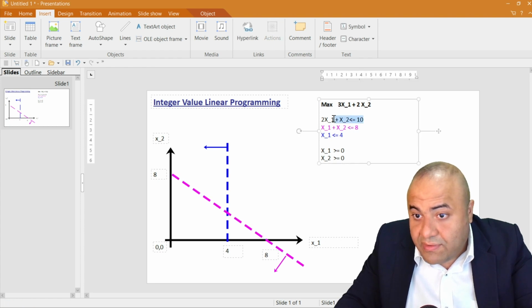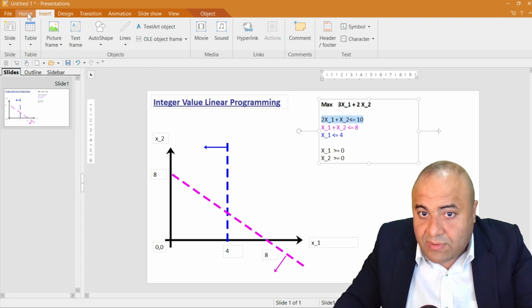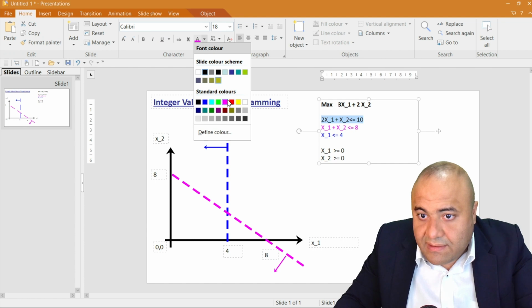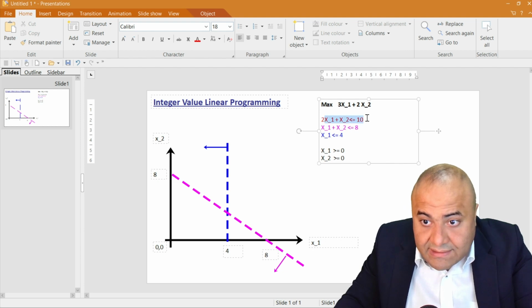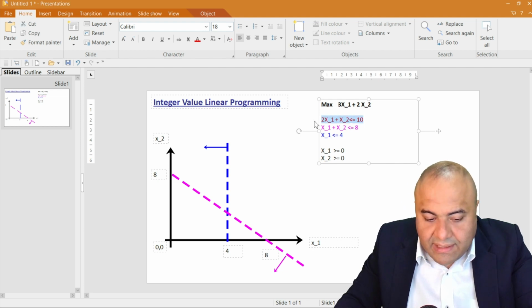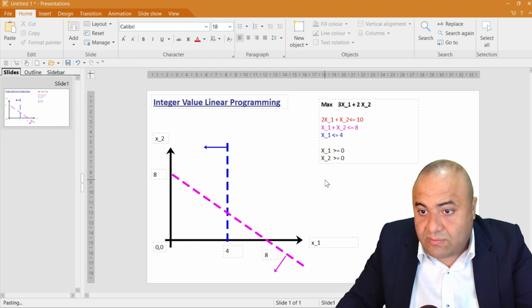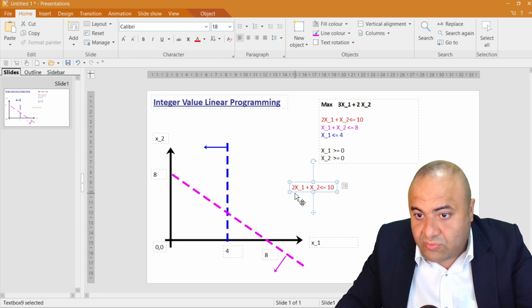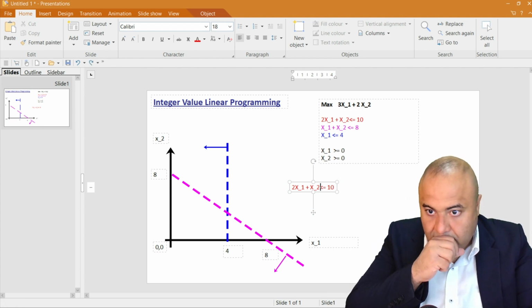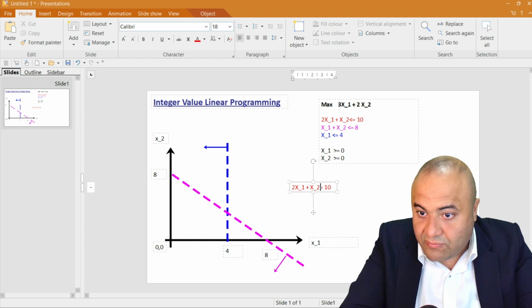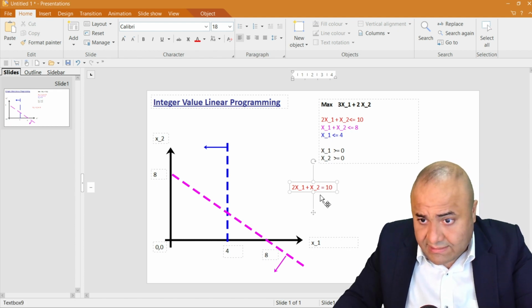Now we go for the other one, which is the first one, and we can just make it red. And here 2x. Again, as we said, what we do is we put 2x1 plus x2 equals 10. And here we just remove the less than and make it equals 10.